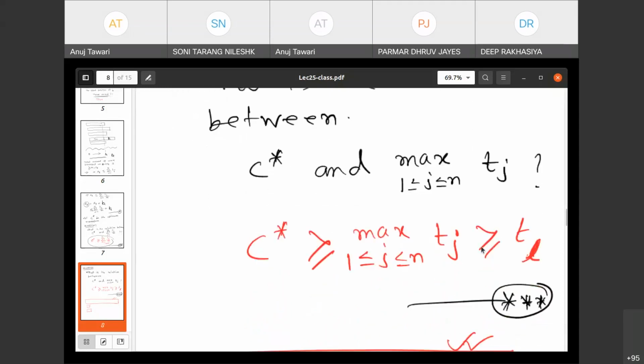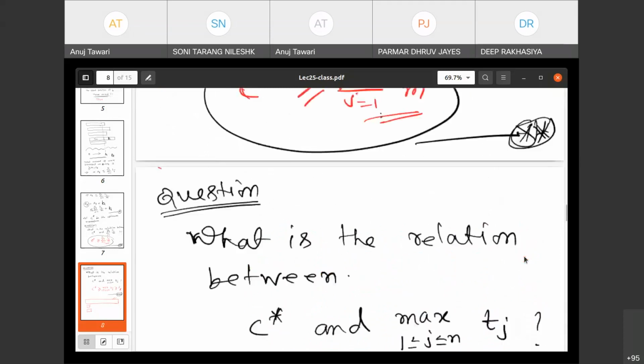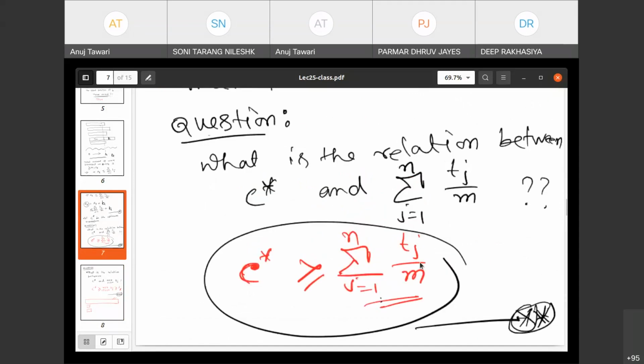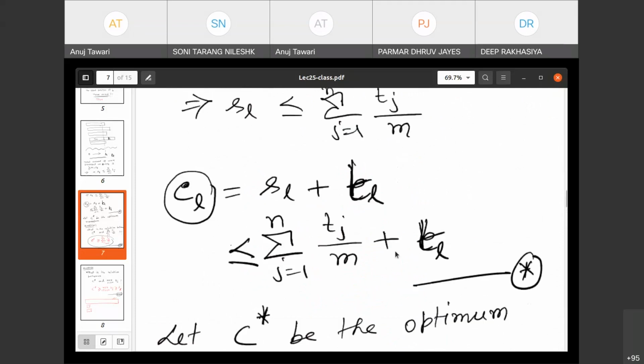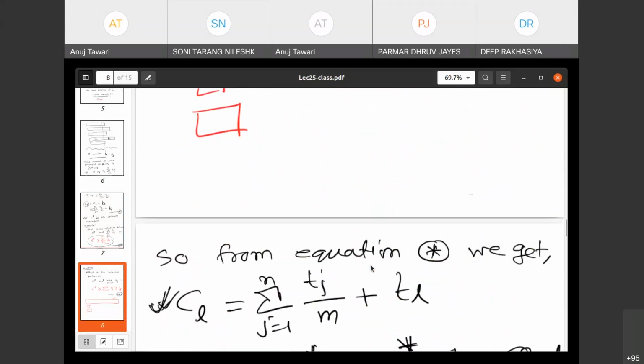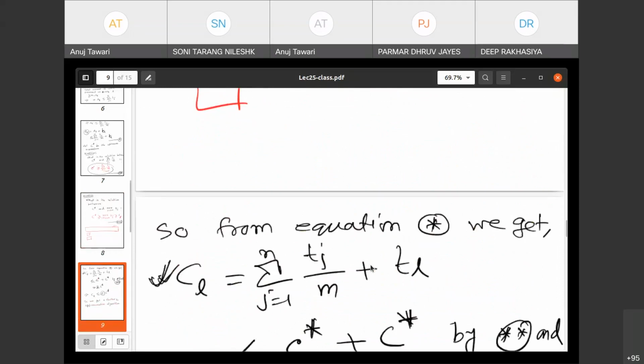C star is at least TL, and we also know that C star is at least summation Tj by M, summation from j equals 1 to N. And these are exactly the two quantities which make up the completion time of L. So from this equation, we get that CL is summation Tj by M plus TL.